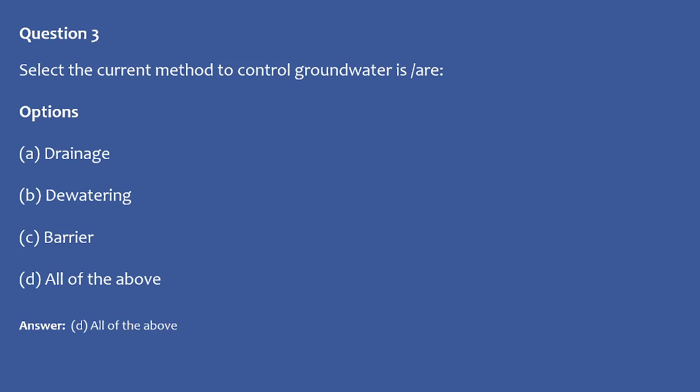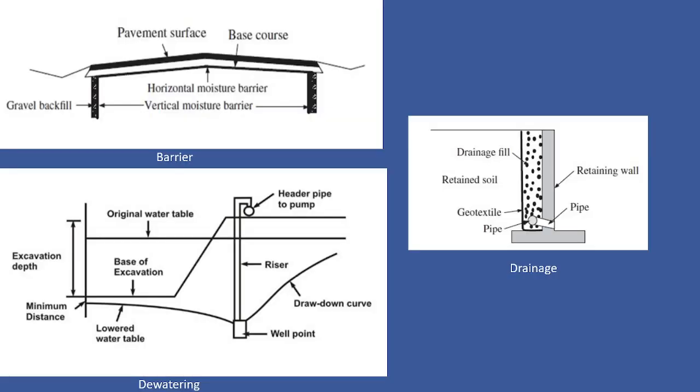There are three methods to control groundwater: one is the barrier, second is dewatering, and third is drainage. About dewatering we have discussed in detail earlier. About drainage, we are going to discuss in the next session.